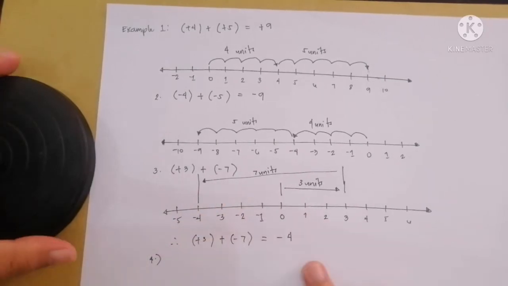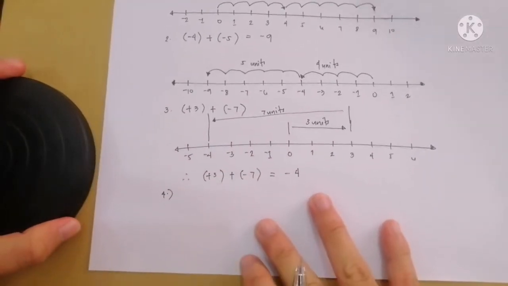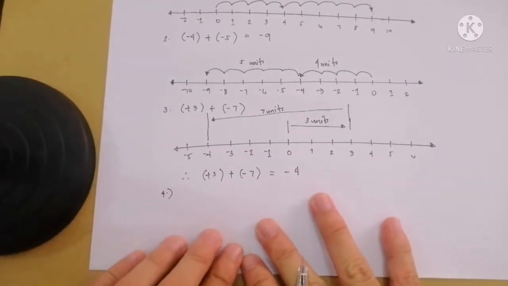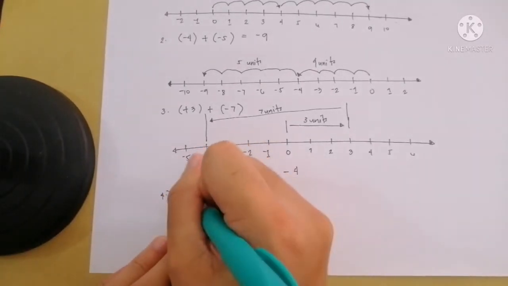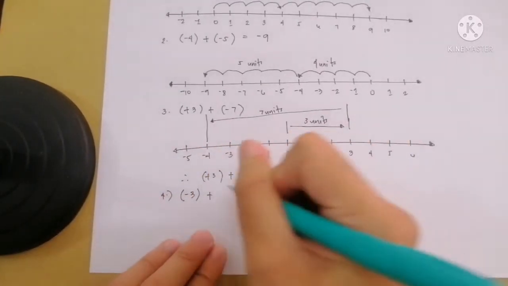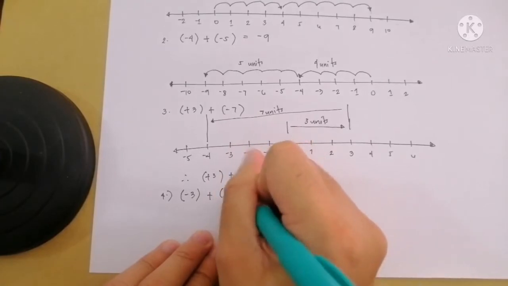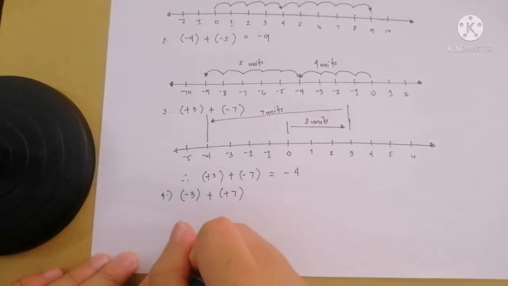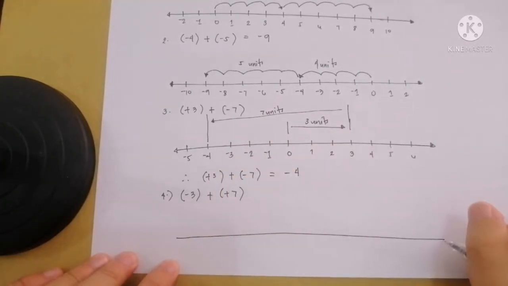Number 4 naman tayo. Taas natin ng konti. Okay, we have here, baliktad naman natin, negative 3 plus positive 7. So, the same as usual, we're going to show that on the number line.